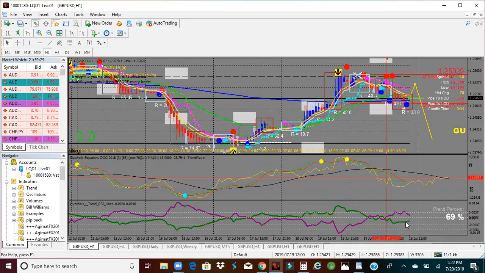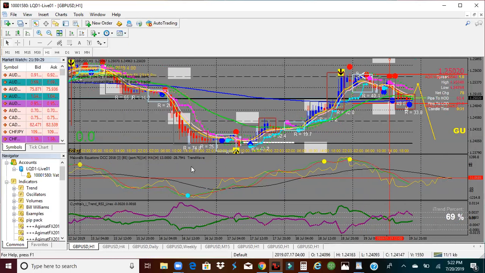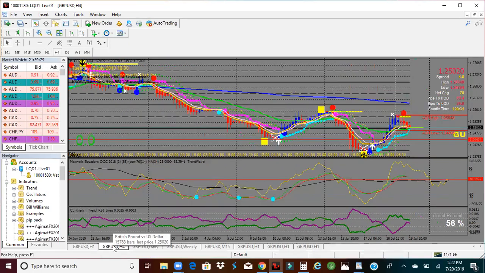But if the green line crosses back above the purple line, right over the 60 or touching the 60, that indicates that this is a buy, okay? That indicates a buy. And that's how you would look at that trade.